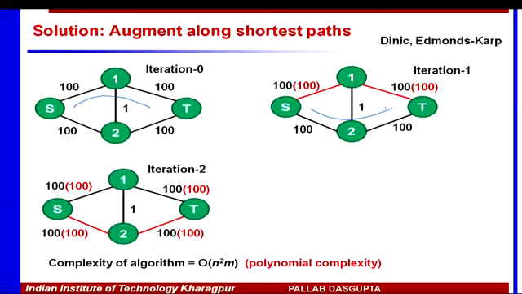There are no other augmenting paths, and 200 units is flowing from S to T, right? So this is a nice improvement on the augmenting path algorithm, and it actually gives you the maximum flow in polynomial time.